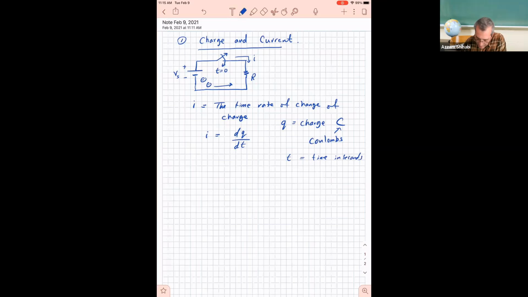So 1 amp is 1 coulomb per second. The unit we use for the current is amps, coulomb per second. So 1 amp is 1 coulomb per second.